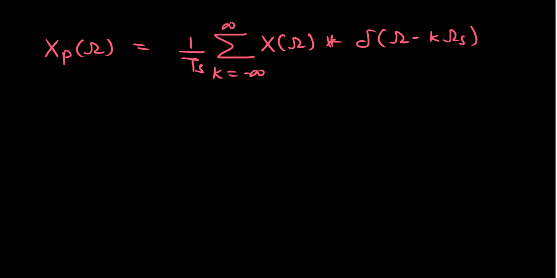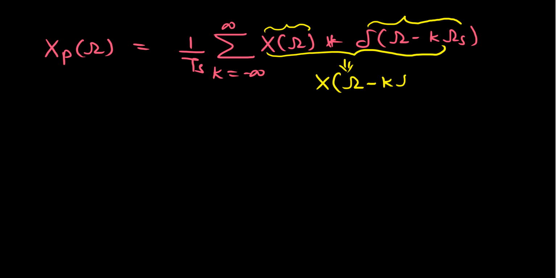So now if we observe this factor inside the summation, we are convolving this X of omega with an impulse. So the result that we are going to get here would be this X of omega shifted at the position where this impulse is located. So this convolution would be resulting in X of omega minus k times omega s.